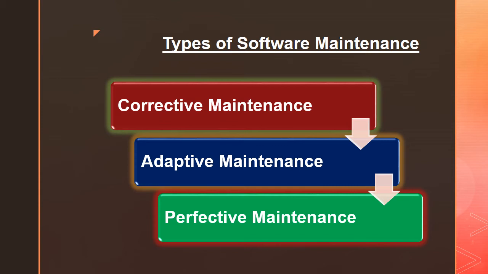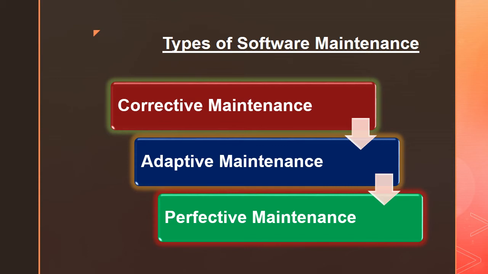Then the second we have the adaptive maintenance. Adaptive maintenance means modifying the entire software product so that it will be able to react, or be compatible with the changes in the outside environment in which the system will operate. For example, we have created the system on the development side, and now we are installing it at the customer end, so it needs to react according to those changes in the outside environment.